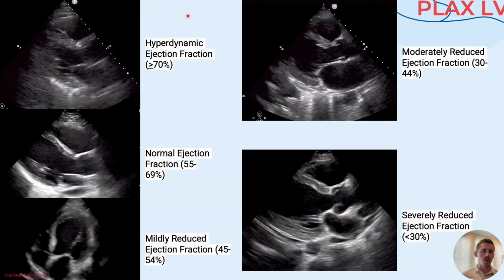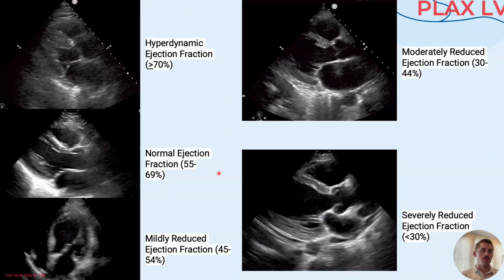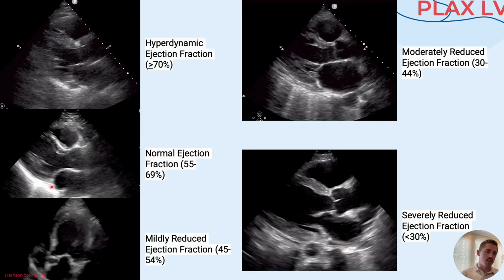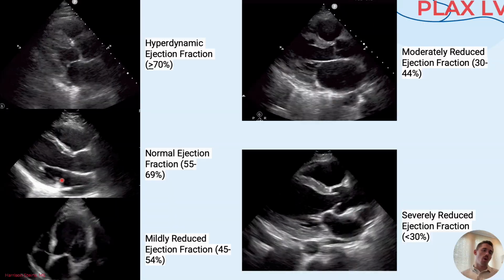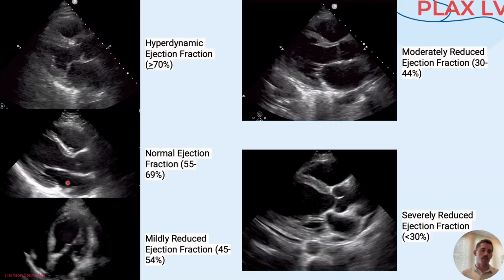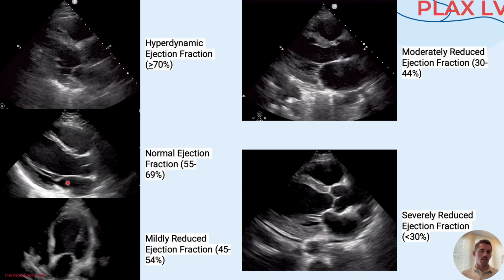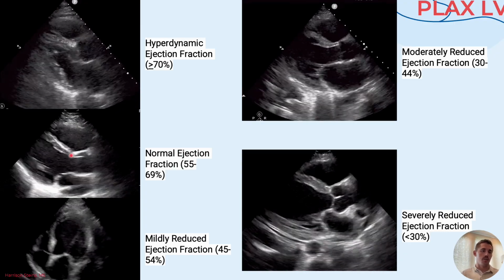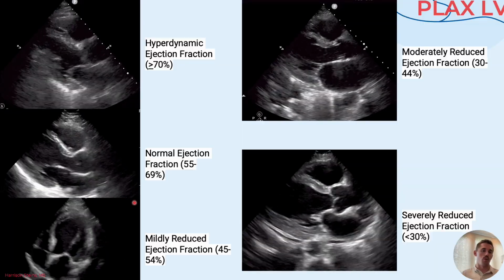So in normal ejection fraction, 55 to 69, 70%, we can see that the mitral valve leaflets are co-opting well together. Obviously, we don't have color Doppler over, so we can't see if there is some sort of regurgitation. But we're also seeing that they're slapping against the interventricular septum and the septal wall very well.